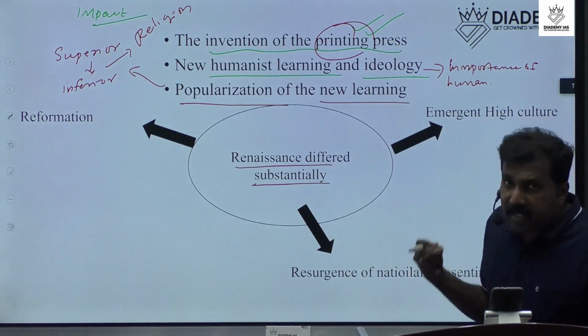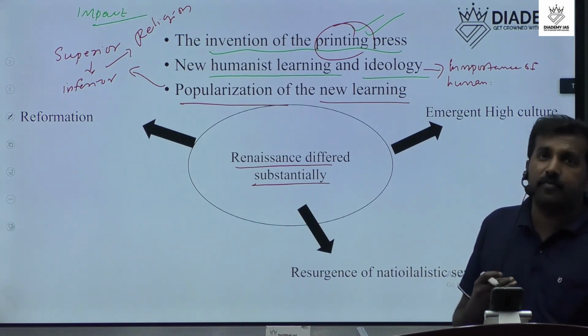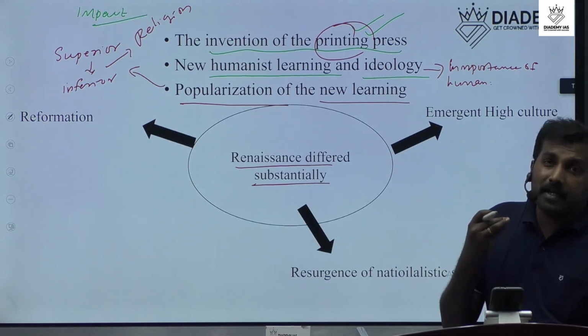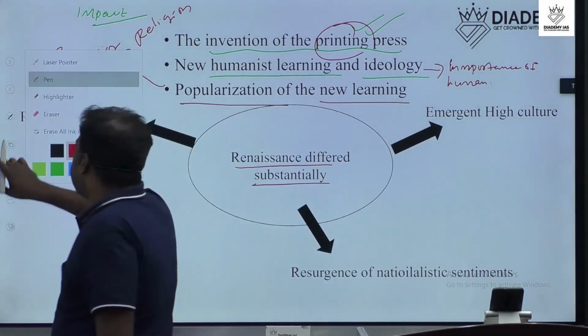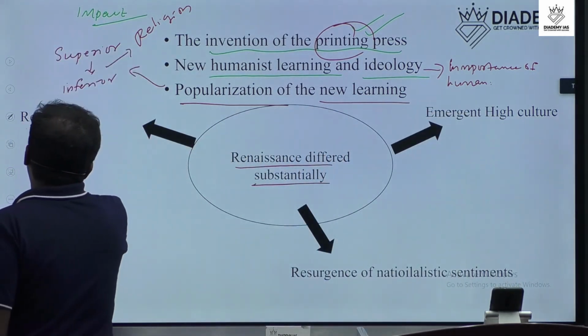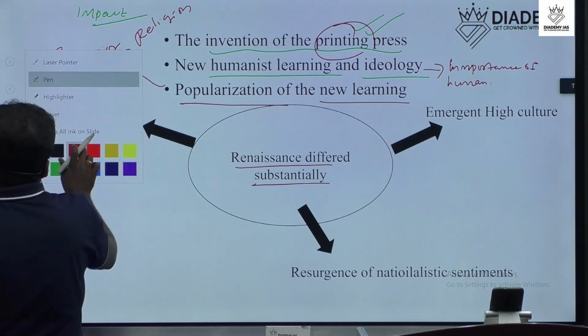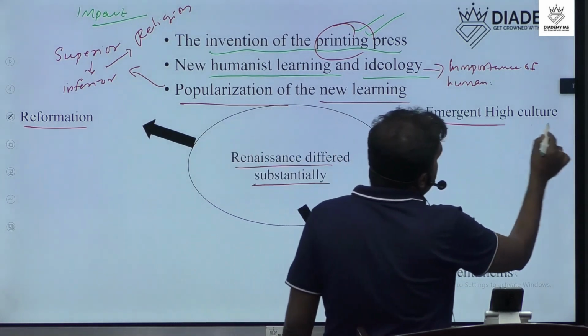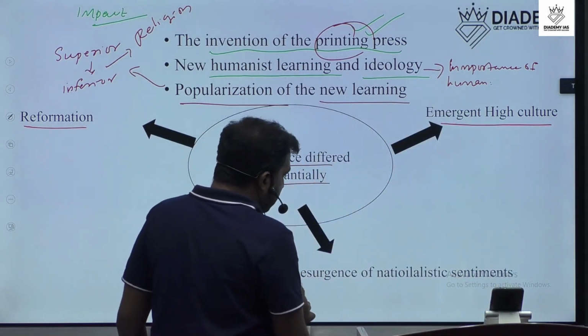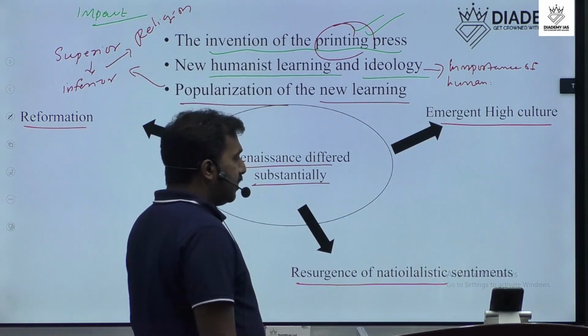What are the impacts or the results of Renaissance? The important impacts are, one, reformation, the second, emergent high culture, and third, resurgence of nationalistic sentiments.